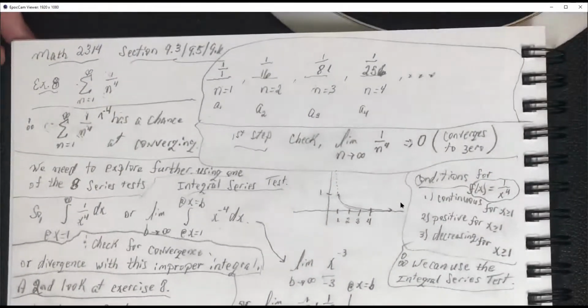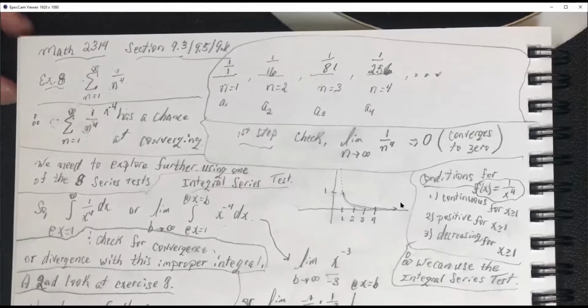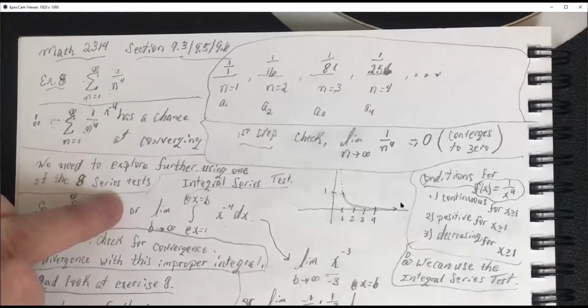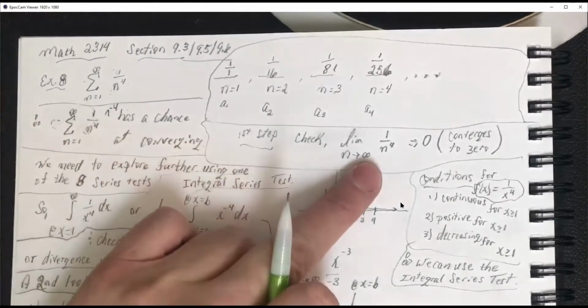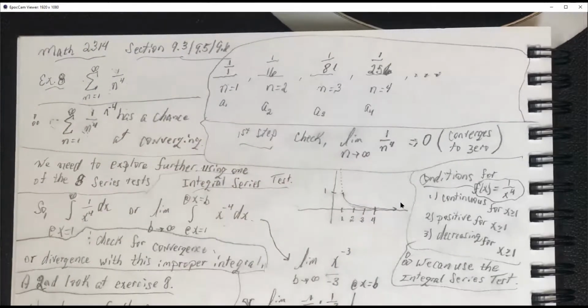We analyzed this P series, adding them up forever, by using a test after we did the first step and realized there's a chance that this series can converge. So, further exploring, we used a series test. Well, we only had 2 of them so far, geometric and integral series test.